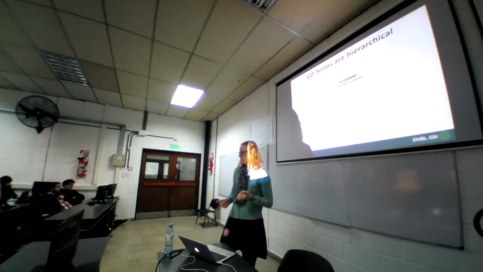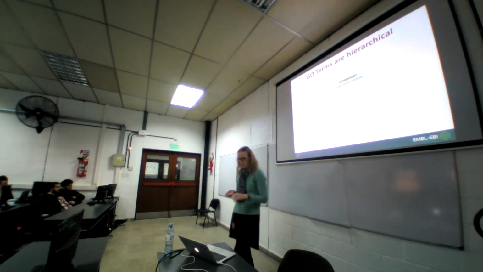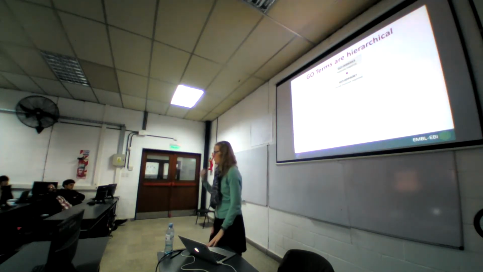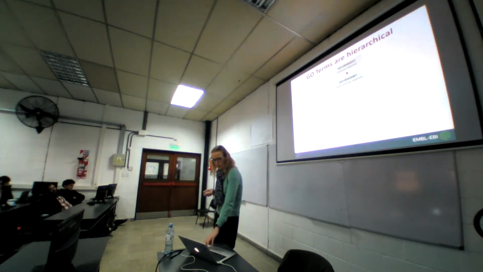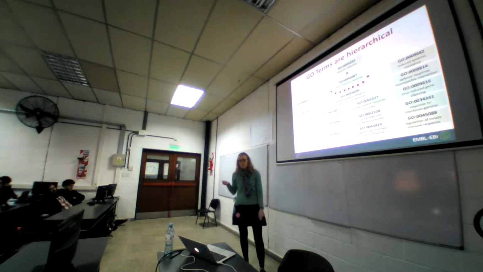In addition, these GO terms are also hierarchical. This example, innate immune response, is a daughter term of immune response, and it itself is a parent term of all these other terms related to innate immune response.